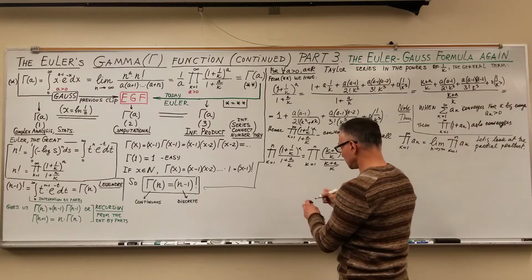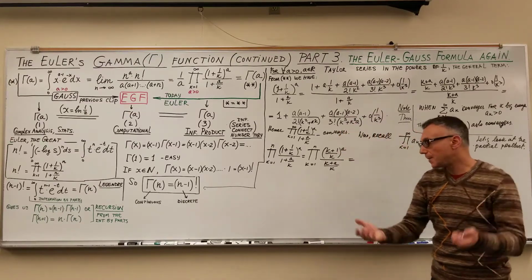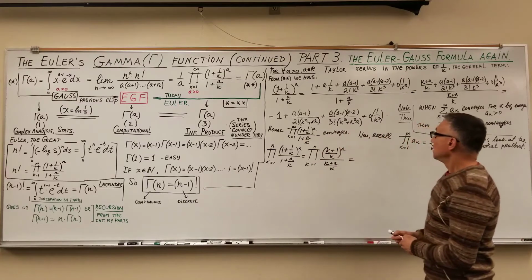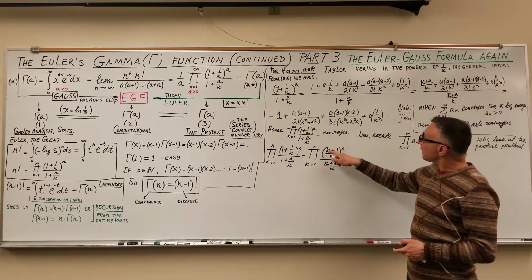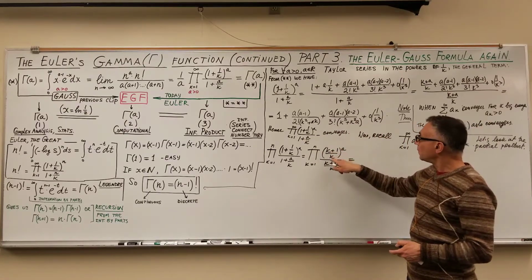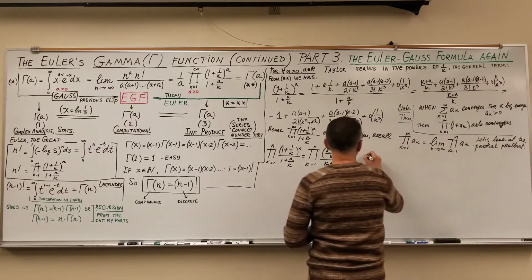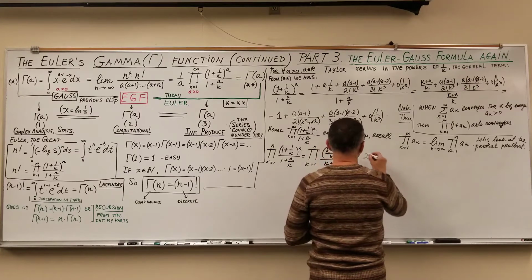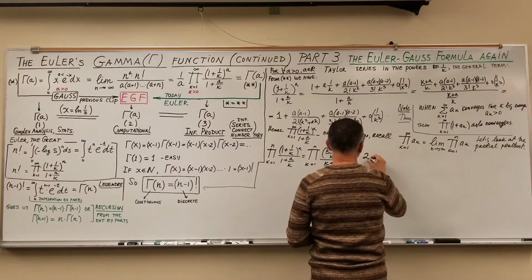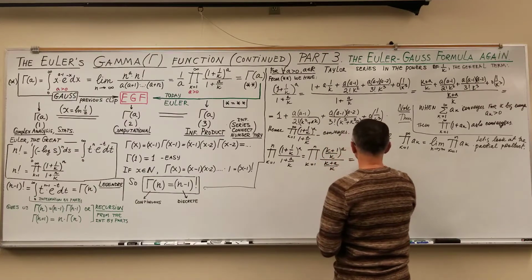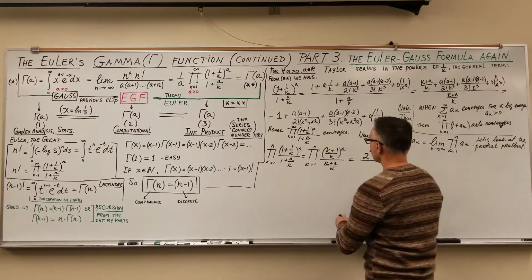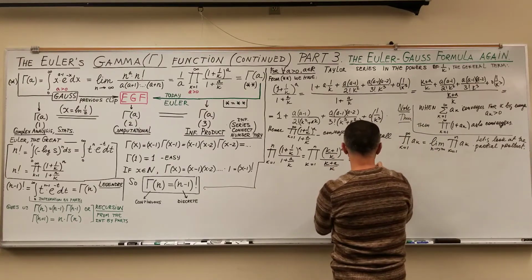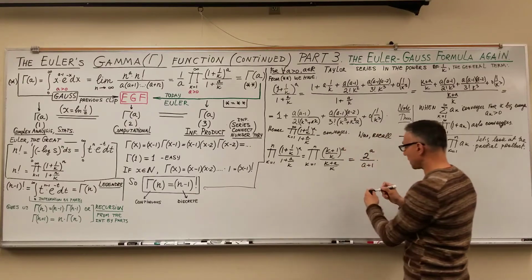This is the partial product, and it's equal to, let me expand it. When k is 1, we have 2 over 1, 2. So it's 2 to the power of a over a plus 1 over 1, just a plus 1. Multiply it now.